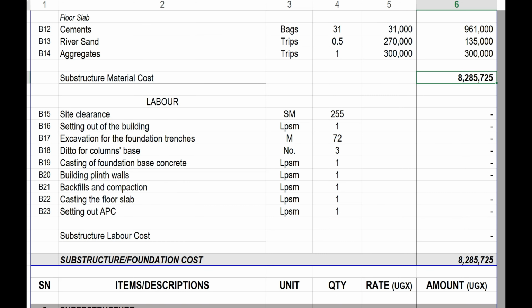For labor costs, I did not compute them. You can consult your builder, and he or she advises you on how much they can charge for that work, depending on the data I'm giving you, because different contractors charge different rates.